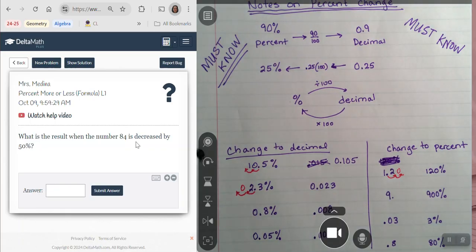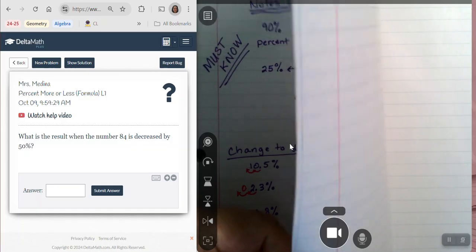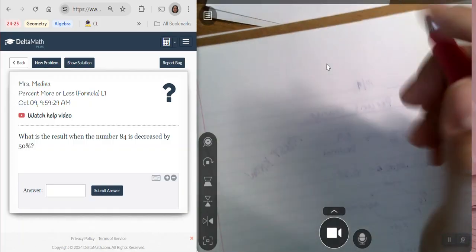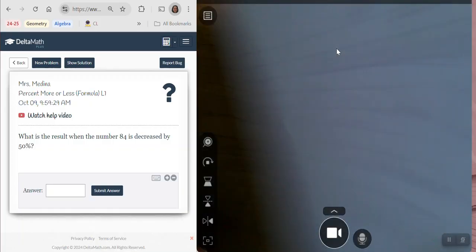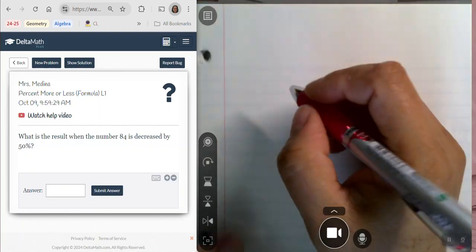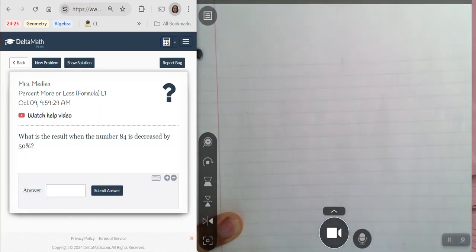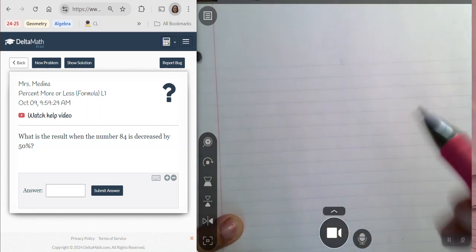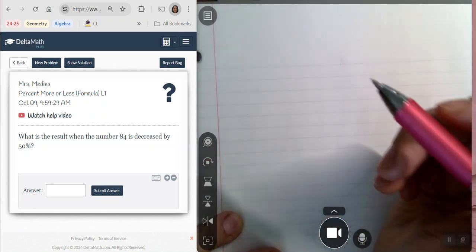All right, so now let's take a look at the questions. This is the first part of the questions. It says, what is the result when the number 84 is decreased by 50%? So first, let's understand what is going on. We need to decrease this number by 50% of itself, correct? But what is 50% of 84?